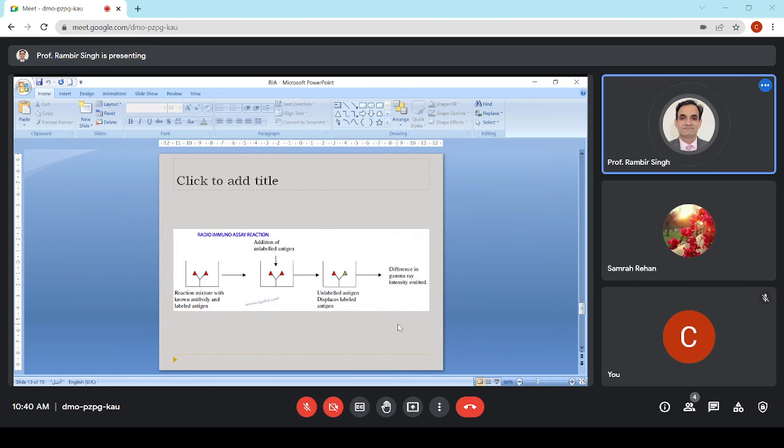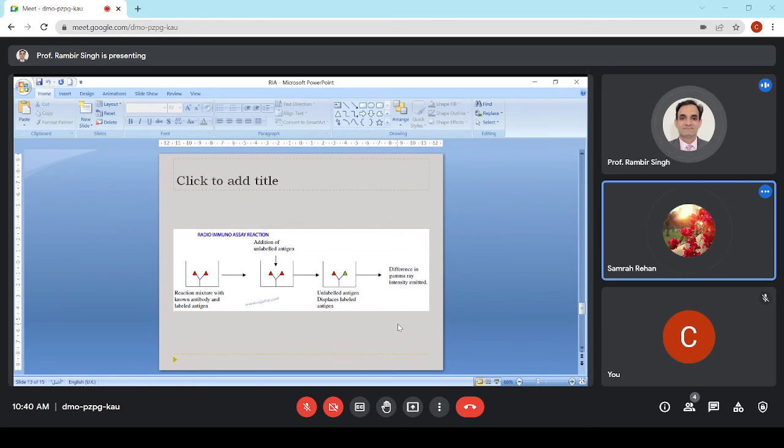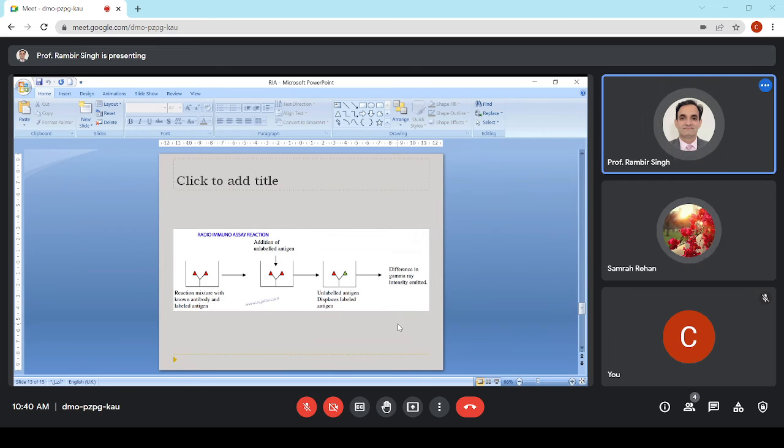Suppose it is a gamma emitter, or mostly we use beta emitters, so beta radiation is given. That radiation goes to a PMT tube, and from there we get generation of a current, like what we have seen in the scintillation counter. So it's a kind of scintillation counter, right? Now, since the antibody is linked with its antigen, we are getting a stable current.